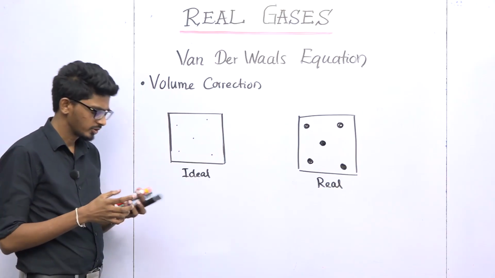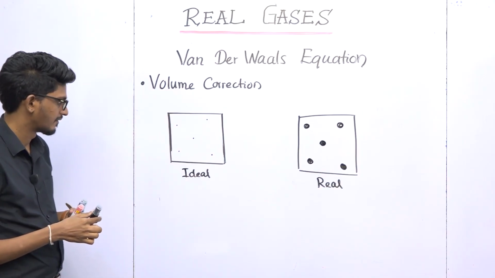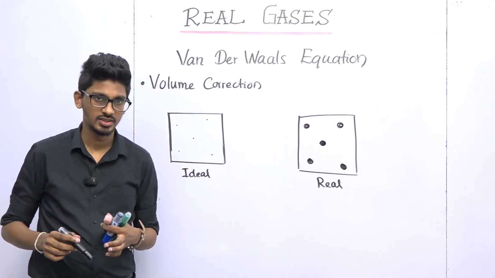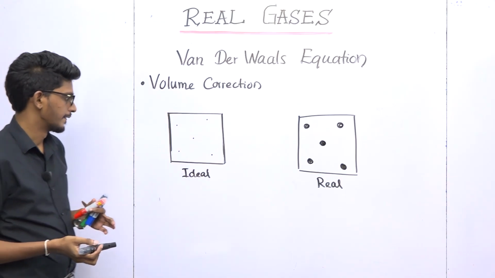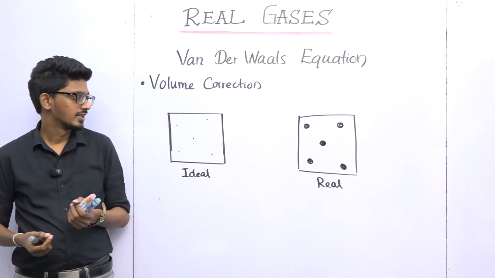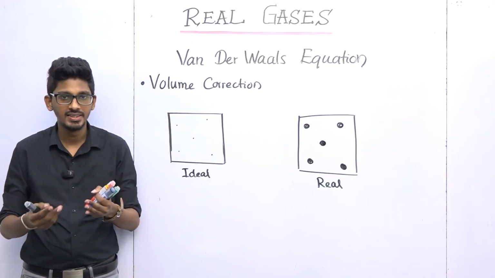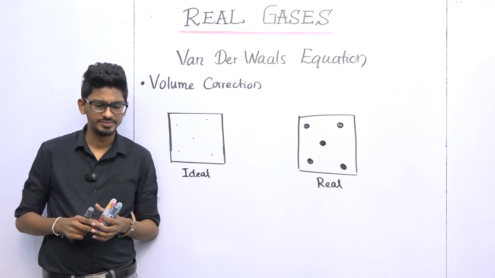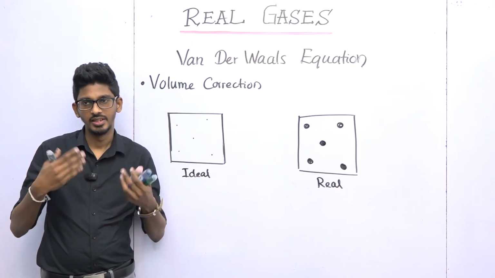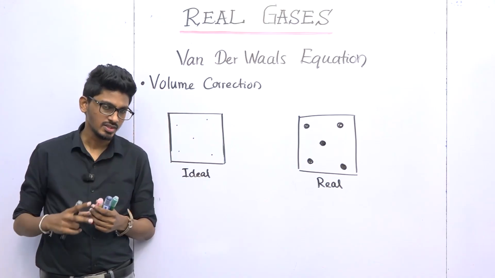So what is that V appearing in PV equals nRT? Normally we have applied the volume of the vessel in doing the calculations.